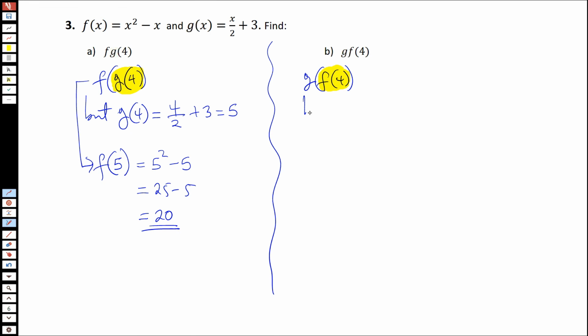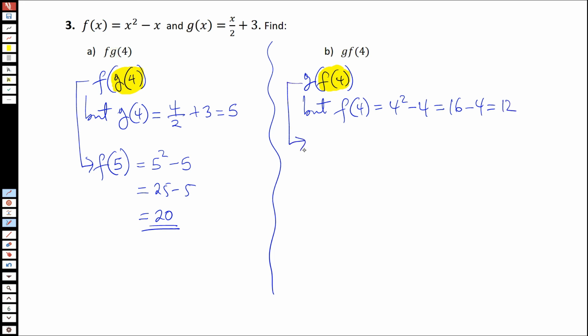So f of 4 is given by the value of this function at x equals 4, which is written as f of 4, which is inside here, will be equal to, we plug 4 in place of x here, so you'll have 4 squared minus 4, which is 16 minus 4, and that will be equal to 12.